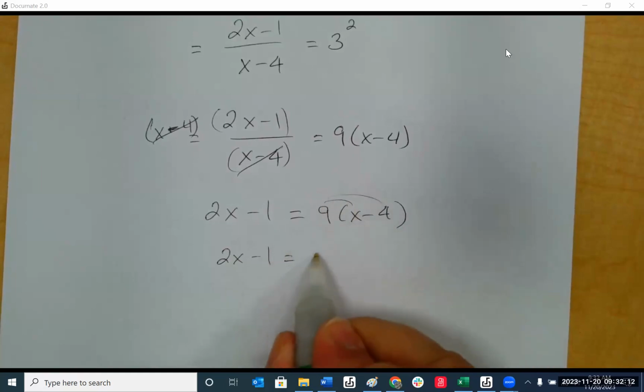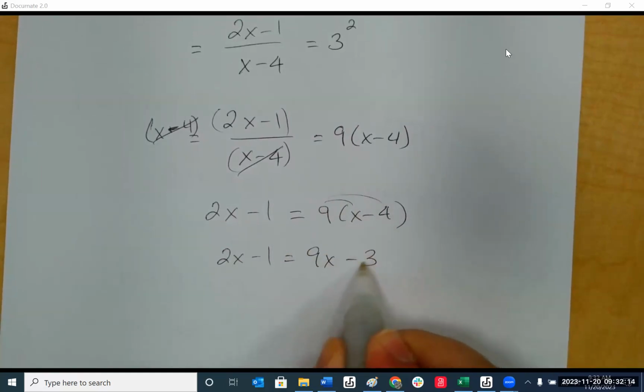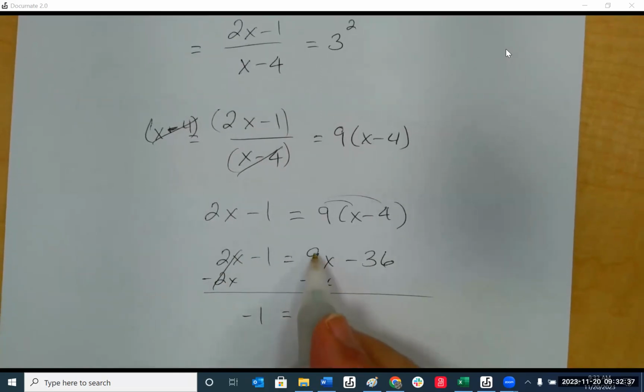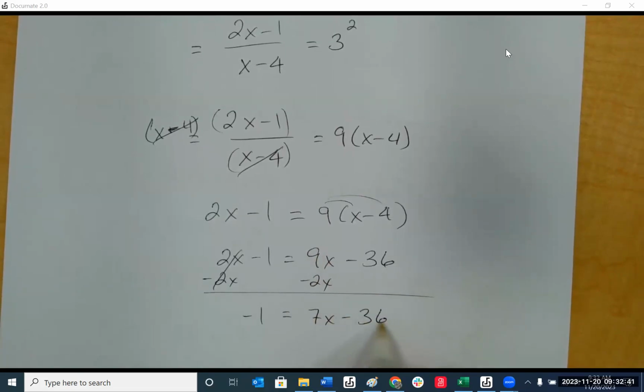Get rid of the parentheses. So we have 9x minus 36. Move all the x's to one side. Move the smaller to the larger. So we subtract 2x from both sides. Nine minus 2 is 7x minus 36.